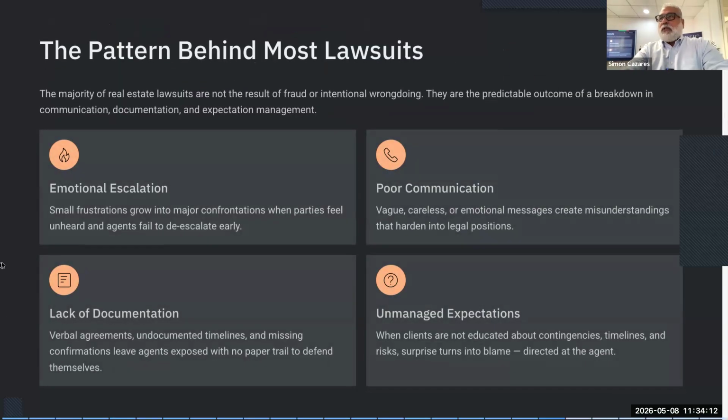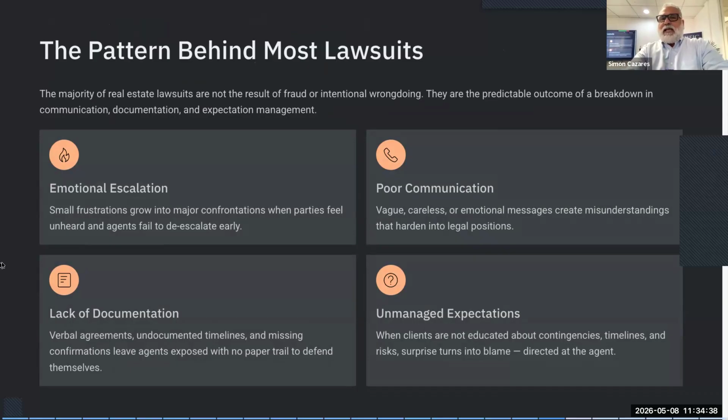The pattern behind most lawsuits. The majority of real estate lawsuits are not the result of fraud or intentional wrongdoing. They are a predictable outcome of a breakdown in communication, documentation, and expectation management. So true. Part of it is emotional escalation. Part of it is poor communication, lack of communication, unmanaged expectations.